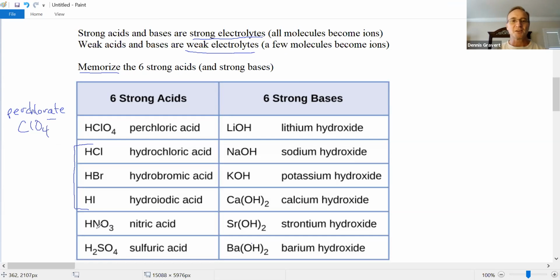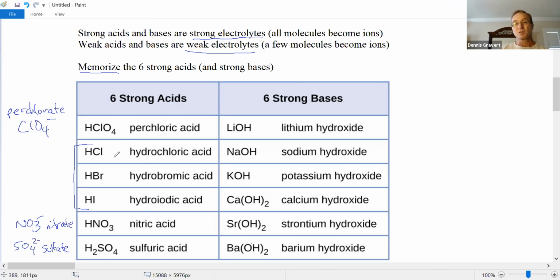And then NO3 is nitrate. And so HNO3 is nitric acid. And then SO4 2 minus is sulfate. So we've got sulfuric acid.